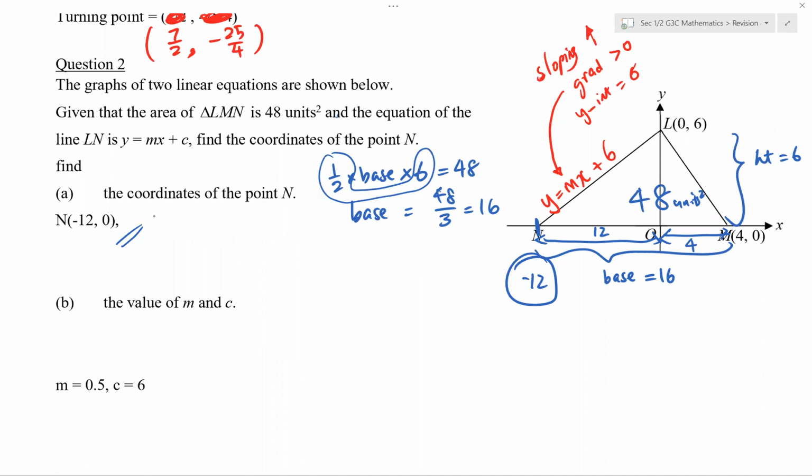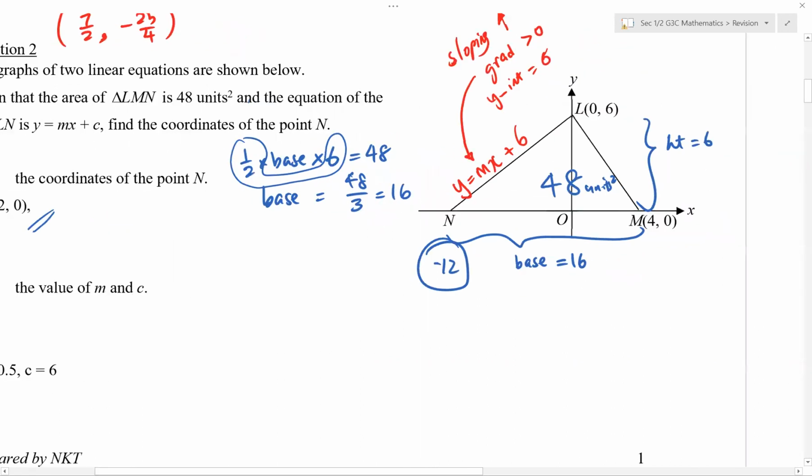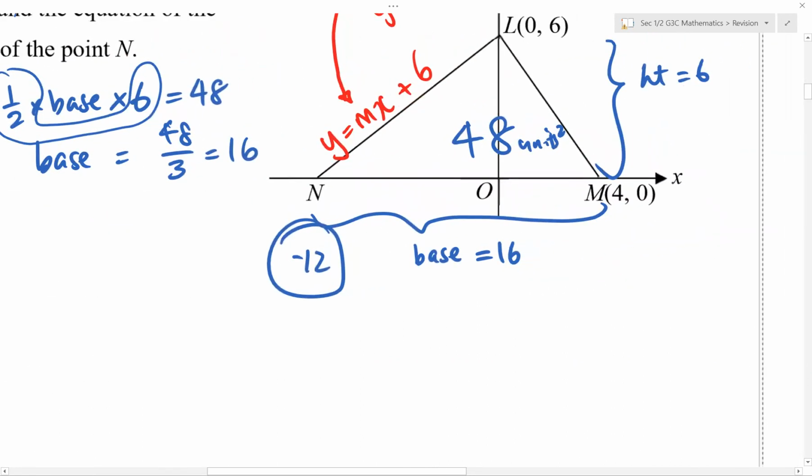And I'm now going to demonstrate what we can do instead, which I think will be quite useful if you are comfortable with algebra. So for example, we can call the value of this x coordinate for n, let's call it xn and 0. We know that it is 0.